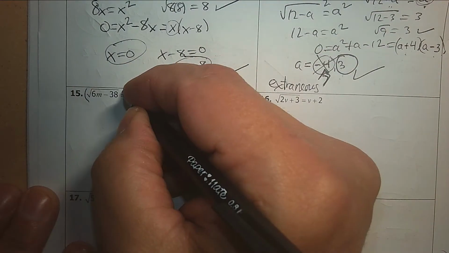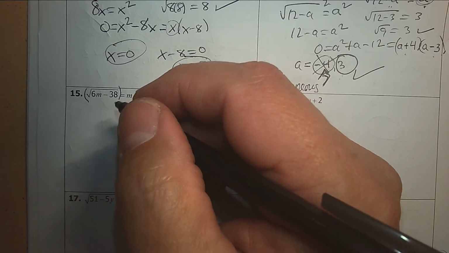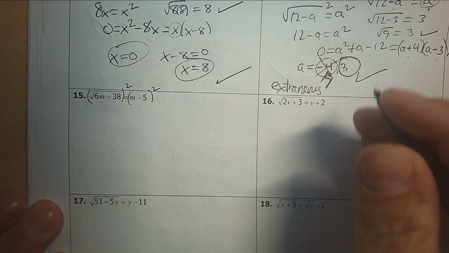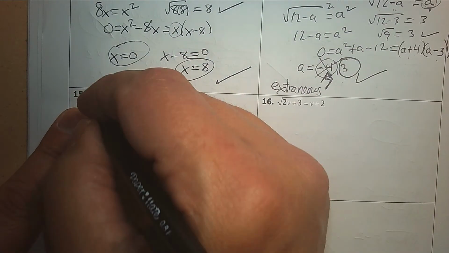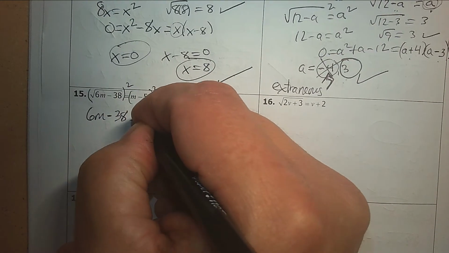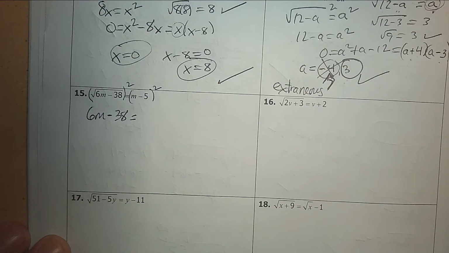What you notice is the square root is already isolated. So I can just square both sides. Is that right? So when I square both sides, squaring and square root undo each other, and I have 6m subtract 38. Yes? How about m subtract 5 squared?